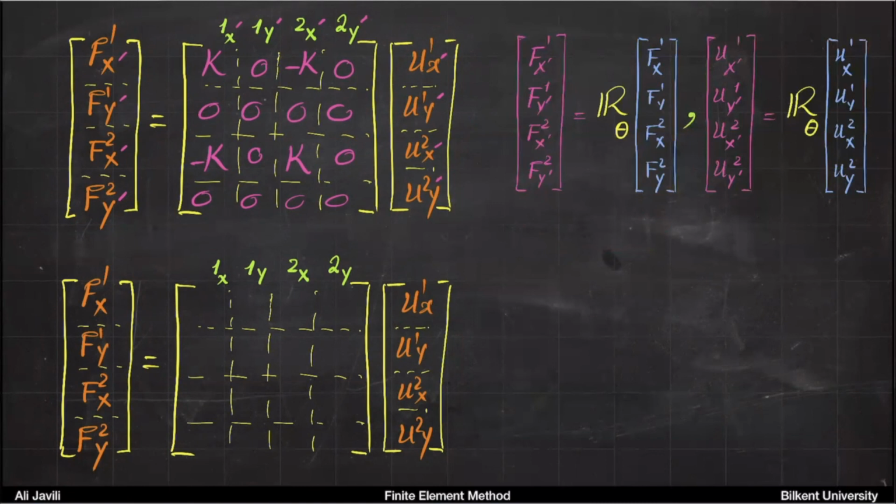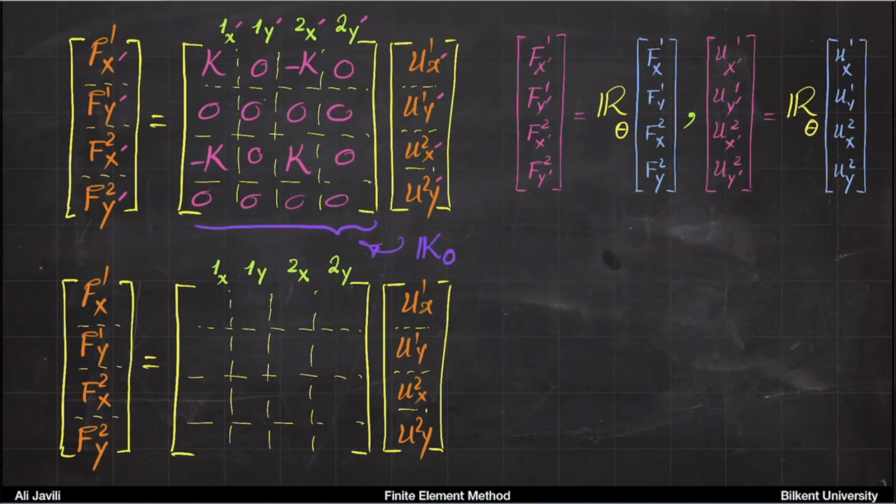So for the sake of presentation, let's call this thing K0. It's like K if theta was 0.